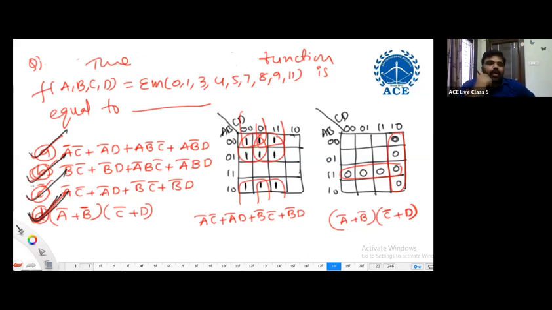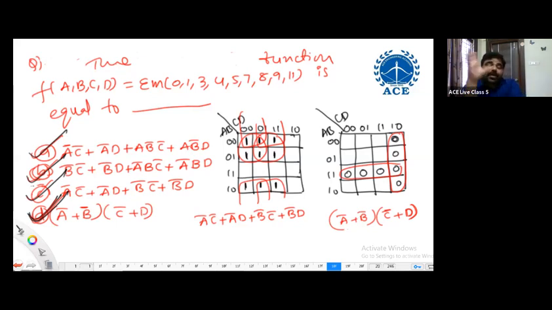To be functionally equal, it need not be minimal. If I say minimal, once again, it may be given in SOP, it may be given in POS. If all are in SOP expressions, then no doubt we should go with the SOP minimal expression and choose the correct one.